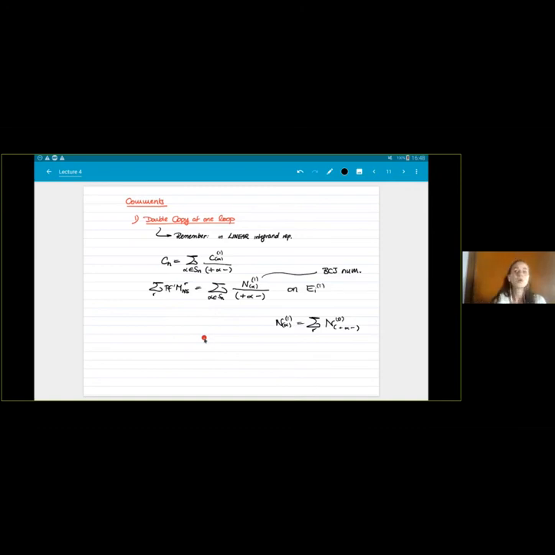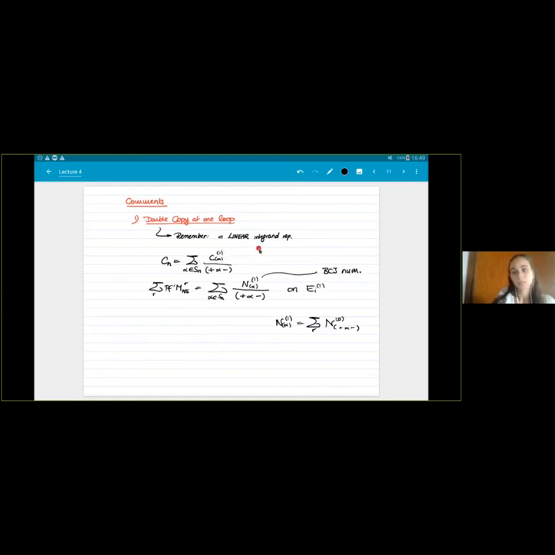Now, note, however, that these are BCJ numerators, not for the standard Feynman propagator representation of the integrand, but for the linear representation. And while you can always go from the standard representation to this linear representation, going back is not always straightforward, and going back will also not be guaranteed to produce BCJ numerators. The other way around is true.